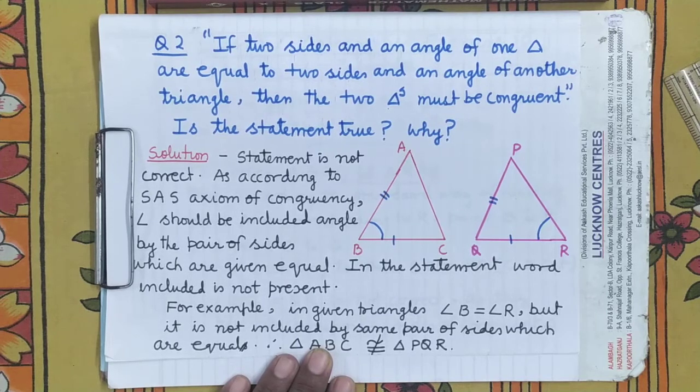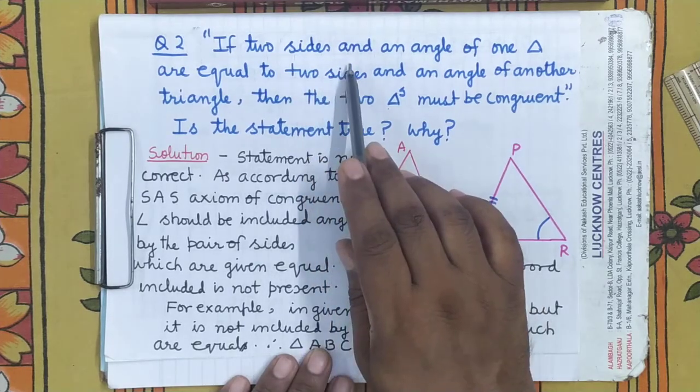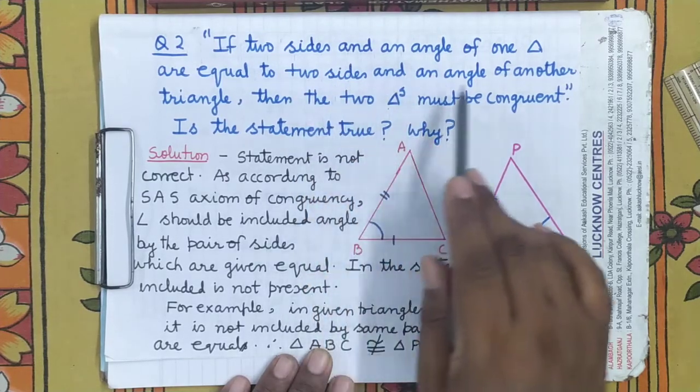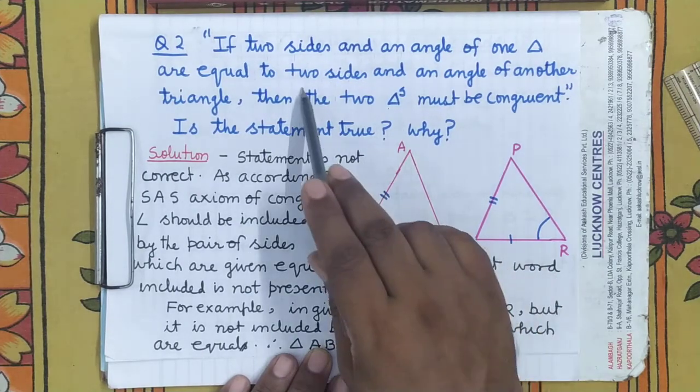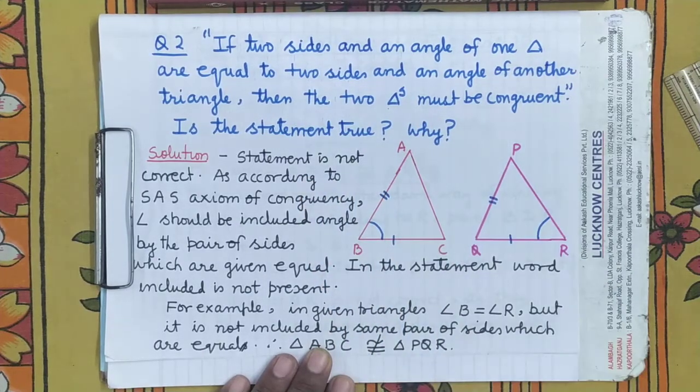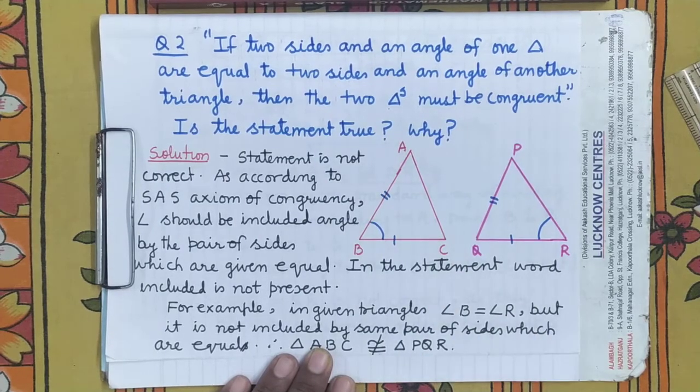Is the statement true? You can see that it is given that two sides and one angle are equal to two sides and an angle of another triangle. Whether the two triangles will be congruent, is the statement true?